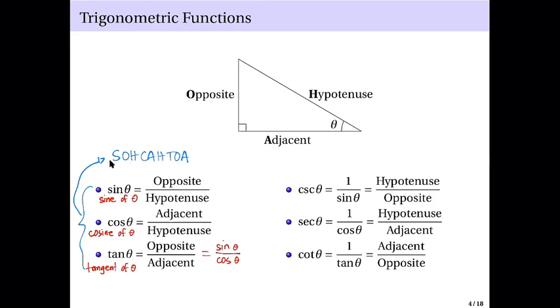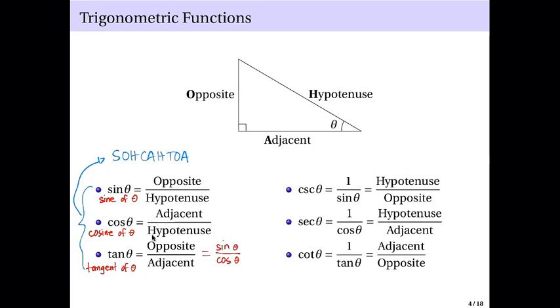And then if you remember the Sohcahtoa, then you will immediately know the value of sine theta, cosine theta, and tangent theta if you have a triangle. So sine theta, that's your S, is equal to opposite over the hypotenuse. Ka, this is cosine theta, equals adjacent over hypotenuse.